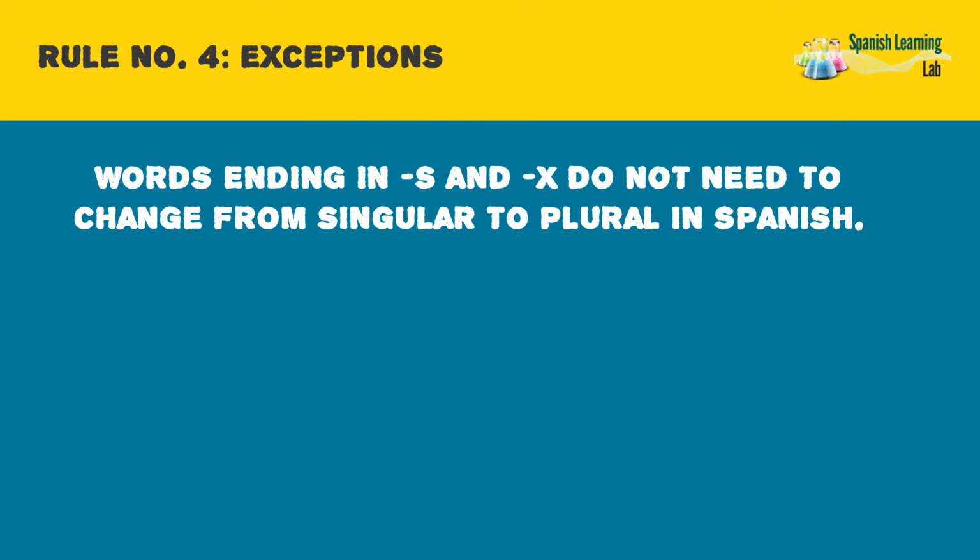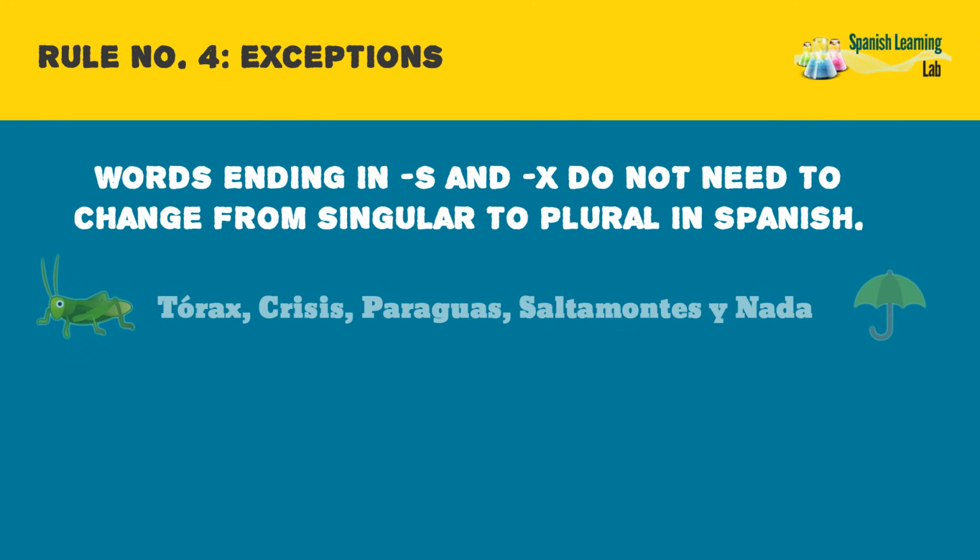These words end in the consonants S and X. In general terms, words that end in S in their singular form are already in plural form by default, so you do not need to add S, ES, or anything else. The same happens with those words in Spanish ending in the letter X.